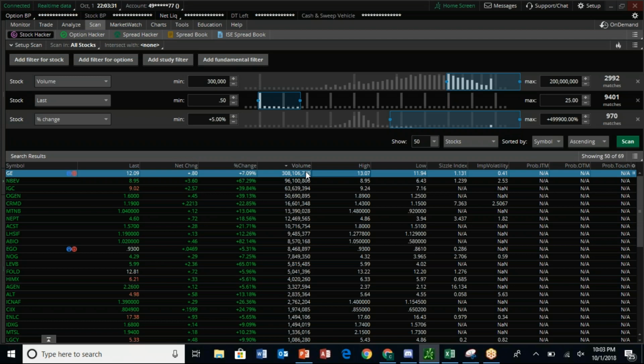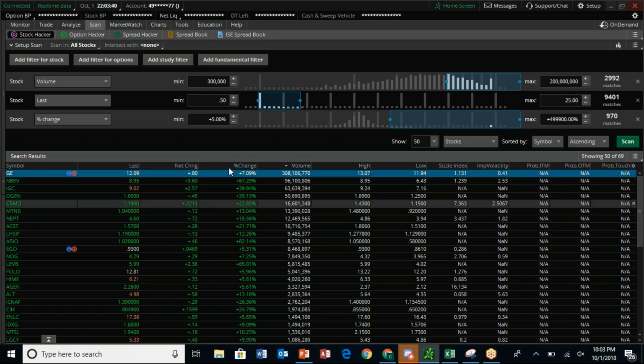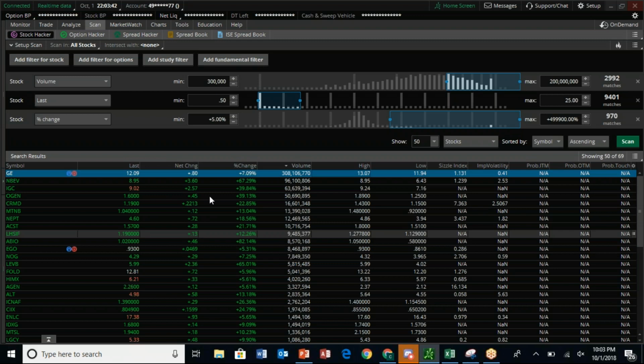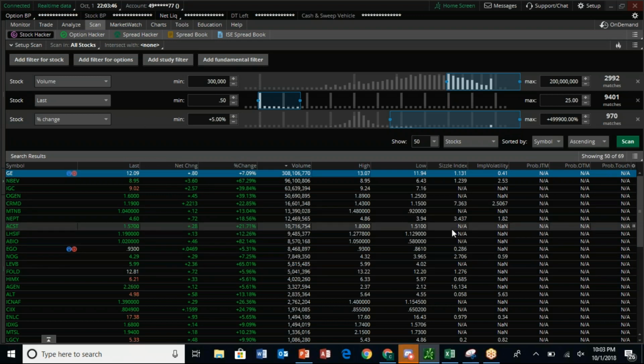Volume is the number one thing for me. So I sort my searches on all my scans by volume, so I can see where the momentum is. Where are all the traders? Where are all the eyes at for that day? And so you could really get away with this type of scan, looking at the minimum volume, minimum price, and percent change.